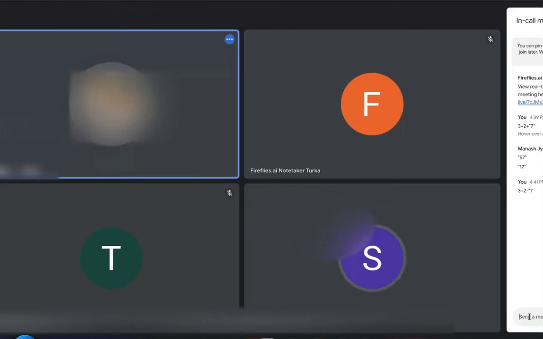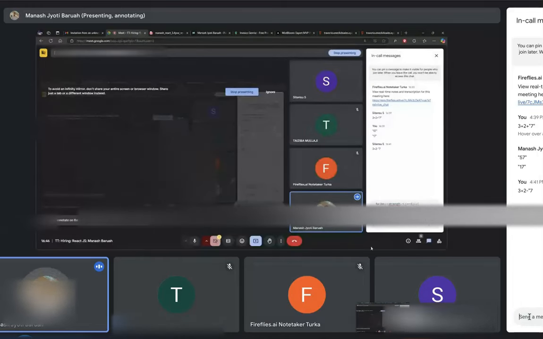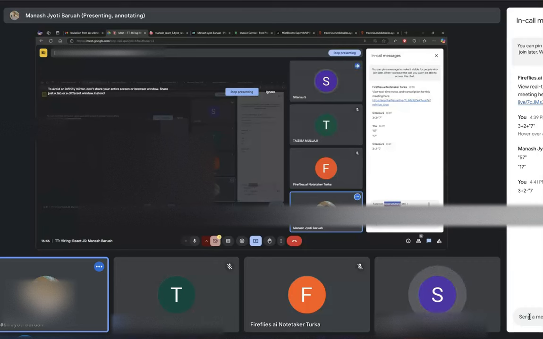So are you sharing your screen? Okay, sure. I was actually writing in the chat. Okay, so let me share my screen. So we can open any online compiler.